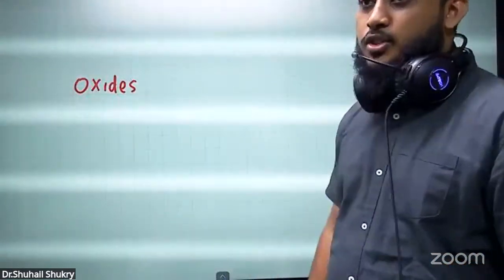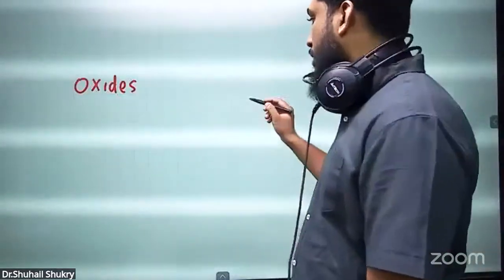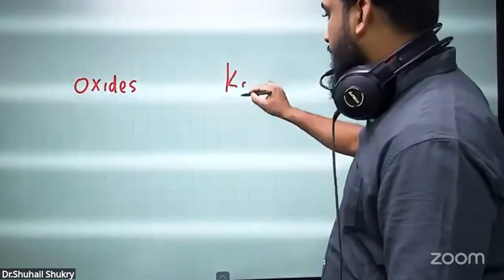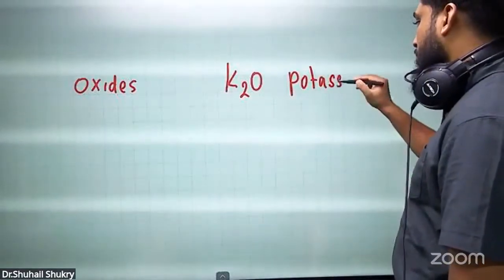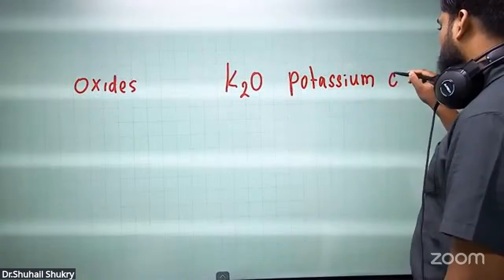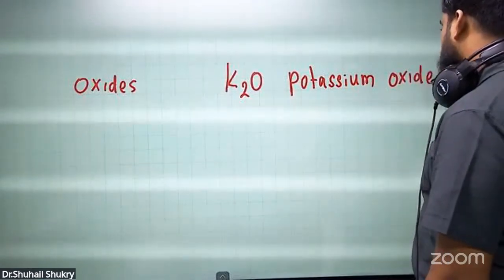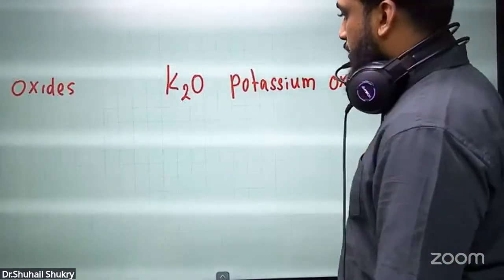Again, potassium and oxygen: you have to exchange their valencies. Potassium valency is 1, oxygen valency is 2. So if I write K2O, I can say this is potassium oxide.